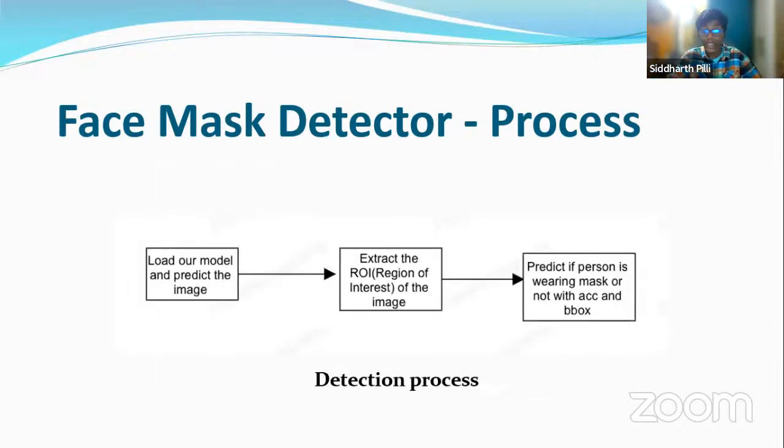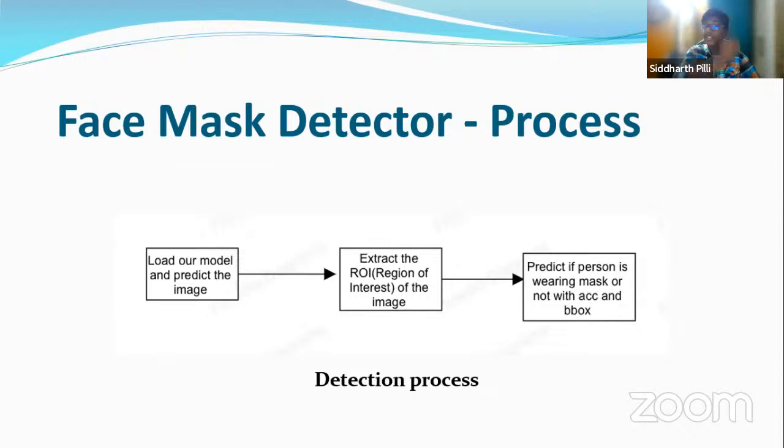And now for detection, what do we use for detection? We first load our model, predict the image, and extract the region of interest. Region of interest means which part of the face the mask is being detected on. So we extract the region of interest from the image, and we finally predict if the person is wearing a mask or not, with accuracy and also a B box.